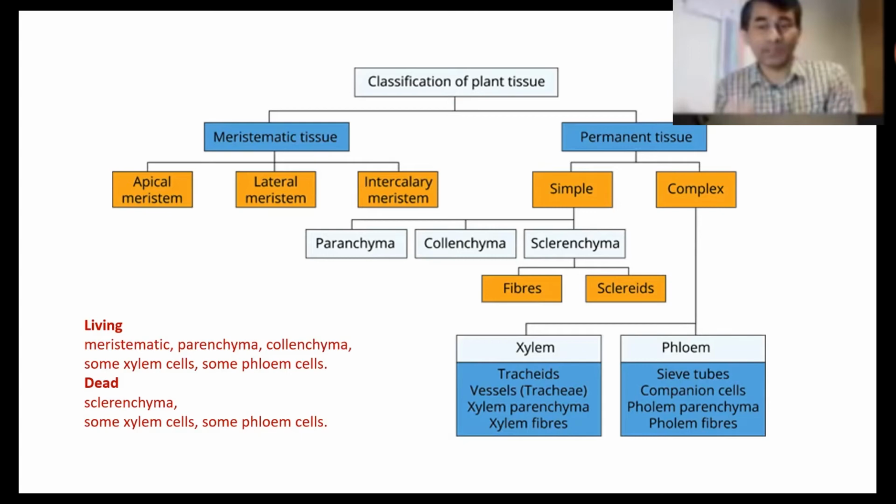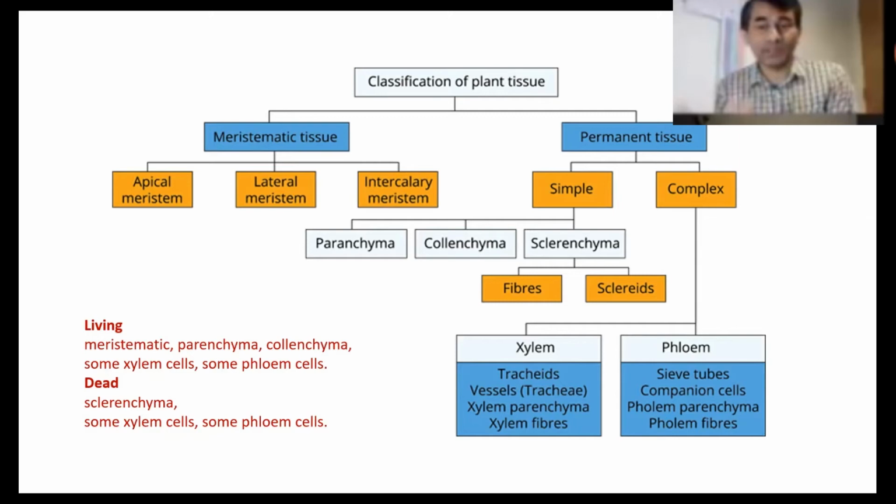You just have to remember their names and a few things about their basic characteristics. For your level, if you just know this classification from this chapter on plant tissue, that will be enough for you. So three divisions of simple permanent tissue are parenchyma, collenchyma, sclerenchyma. Okay, and that's it. This much you need to know.